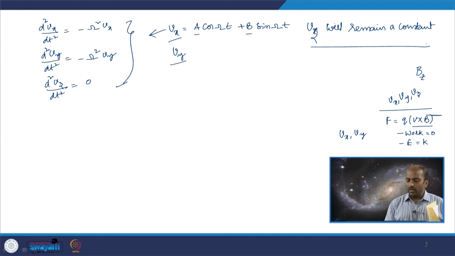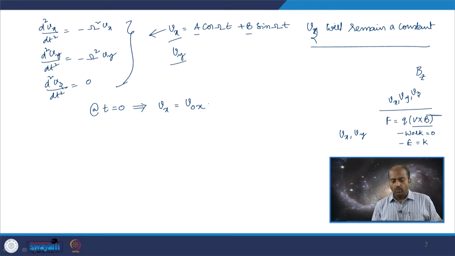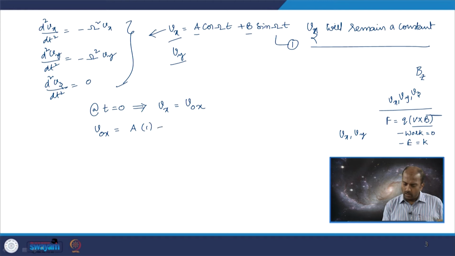Okay. Now, if you want to calculate the values of these two constants, we need to use some conditions, let us say, the boundary conditions. So, at time t equals 0, we can say that velocity Vx will be V0x. If you use this condition in this expression, let us say number 1, we say that V0x is equal to a into 1 plus b into 0.